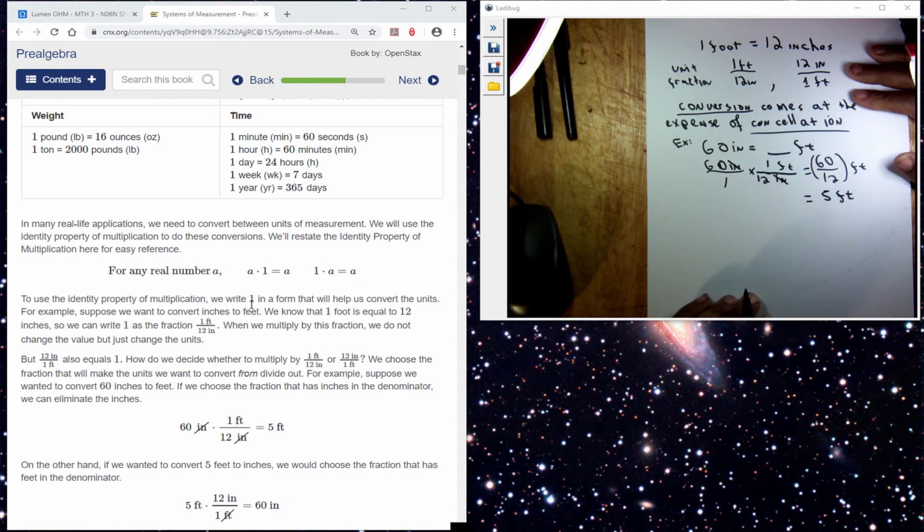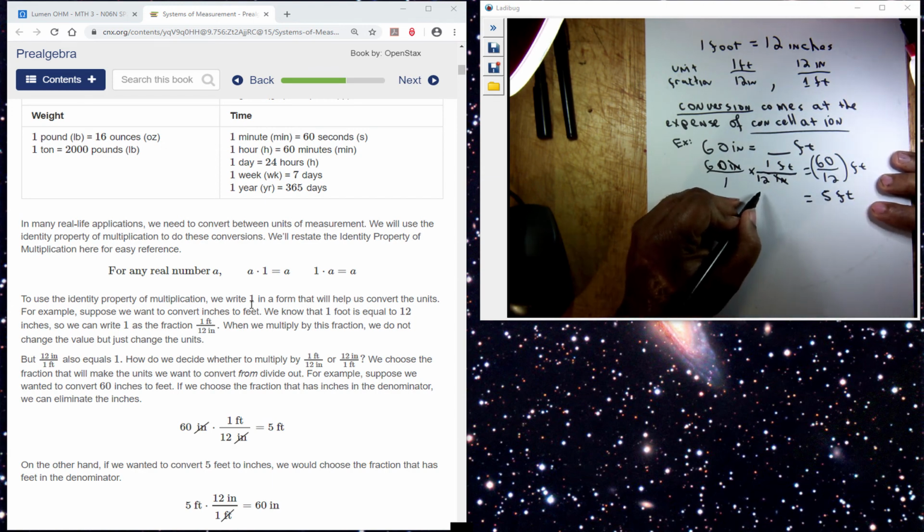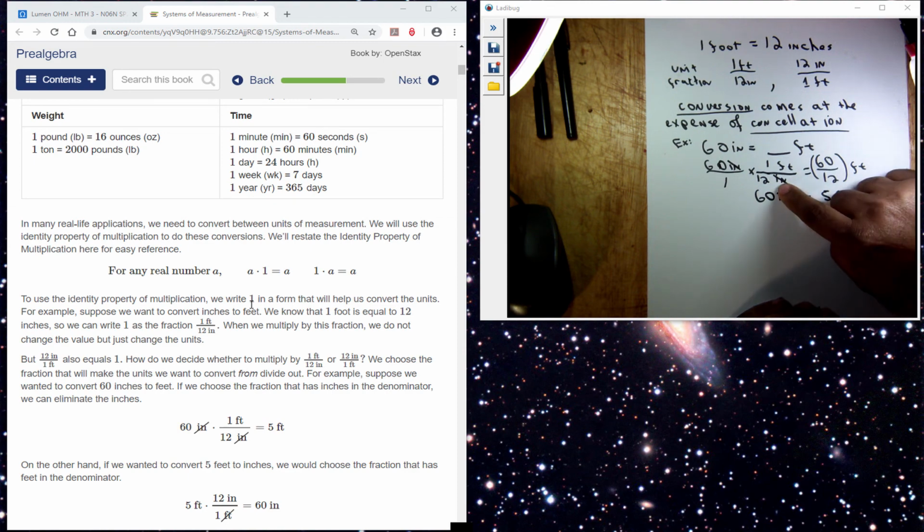So we've converted inches into feet: 60 inches is the same thing as 5 feet. That is basically how we're going to do your conversions. The conversion comes at the expense of cancellation, so you put in the opposite location, numerator or denominator, whatever you want to cancel out.